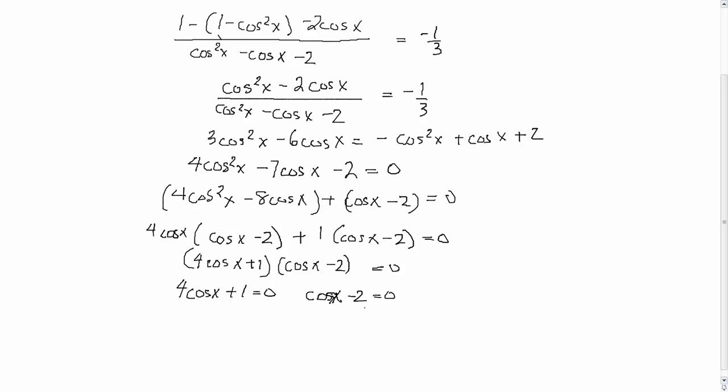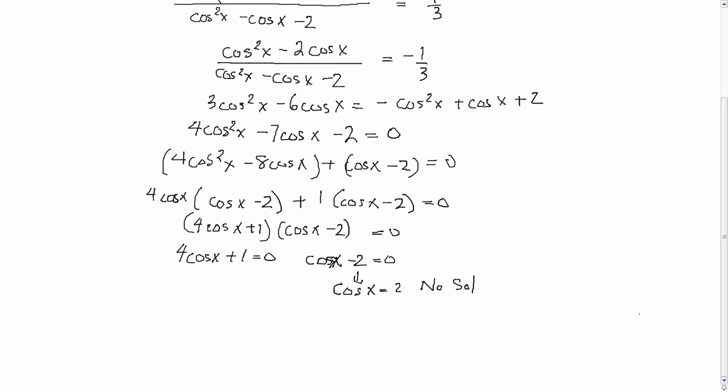And here we have cos x equaling 2, and this gives us no solution because cos can only equal something between negative 1 and 1. On the other one we have cos x is equal to negative 1/4. This is not something we can pick up from our unit circle, so we're going to have to use our calculator to actually solve for x.